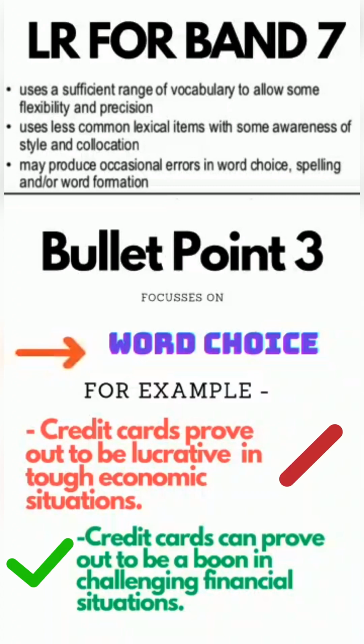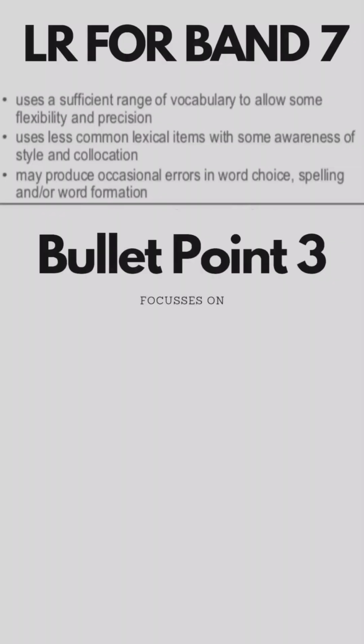Let's suppose you learned a new word lucrative and then you wrote a sentence, credit cards prove out to be lucrative in tough economic situations. ऑल्दो वी अंडरस्टैंड कि बच्चा कहना चाहता है कि फ़ायदा है क्रेडिट कार्ड्स का डिफ़िकल्ट टाइम्स के अंदर, बट लुक्रेटिव इज़ एक्चुअली एन इनकरेक्ट वर्ड चॉइस. इसकी जगह पे यू कुड यूज़ क्रेडिट कार्ड्स कैन प्रूव आउट टू बी अ बून इन चैलेंजिंग फाइनेंशियल सिचुएशंस. आई रिप्लेस द वर्ड tough with challenging because I thought that it could be more academic.